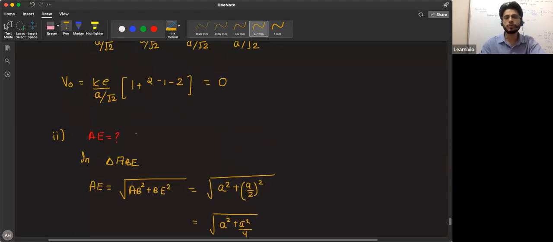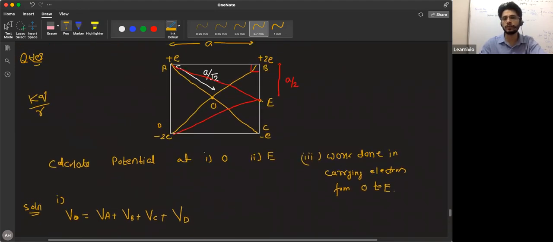See, Arpit, you're supposed to calculate potential at point E. To calculate potential at point E, we will be using the concept of potential due to n charges. We will first calculate potential of each of the individual charges at E. Then we will add them up algebraically. At E, the first charge is plus E, which will generate potential. So you need this separation AE.